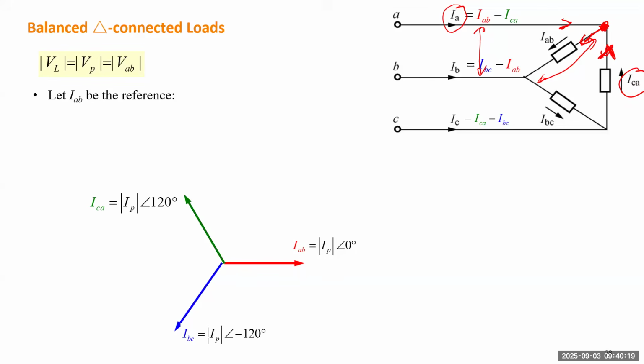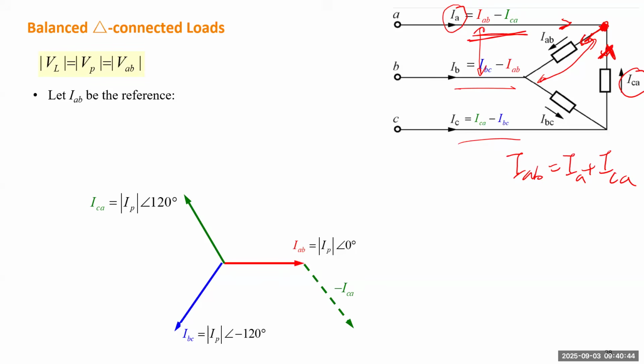So IAB will be equal to IA plus ICA. Then we will have this formula: IA will be IAB minus ICA. Based on the symmetry, we can get the other two formulas to calculate the line currents from the phase currents.